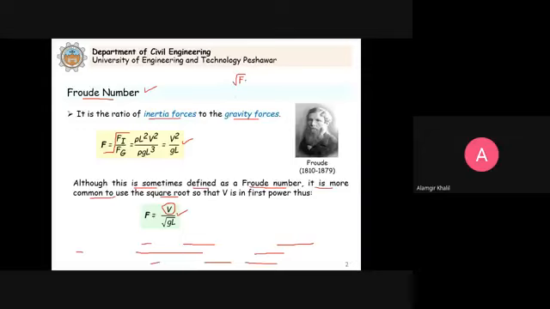Then in the problem you will calculate this f. For example, if f is given, you will say that no, Froude number is the square root of this f. So then there will be a chance you make a mistake here. So that's why the square root of the forces is already simplified into this here, and we do not say that we should take the square root of this number. Is it clear now?